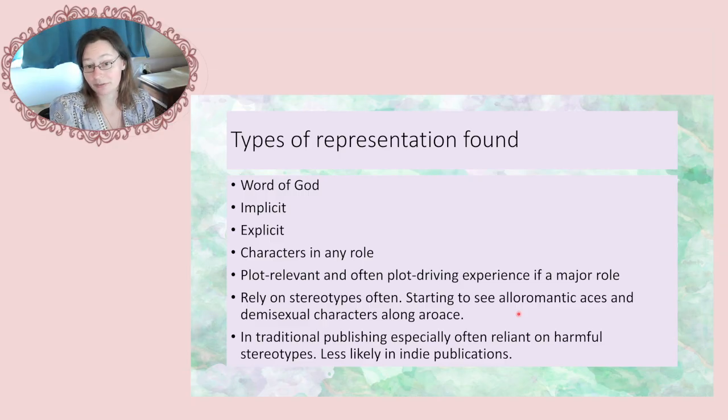And your mileage may vary on how easily you find that to see. We also get this for side characters, where people are finding some overlap and mentioning that this is word of God, or it can be implicit, but it's very, very minor.